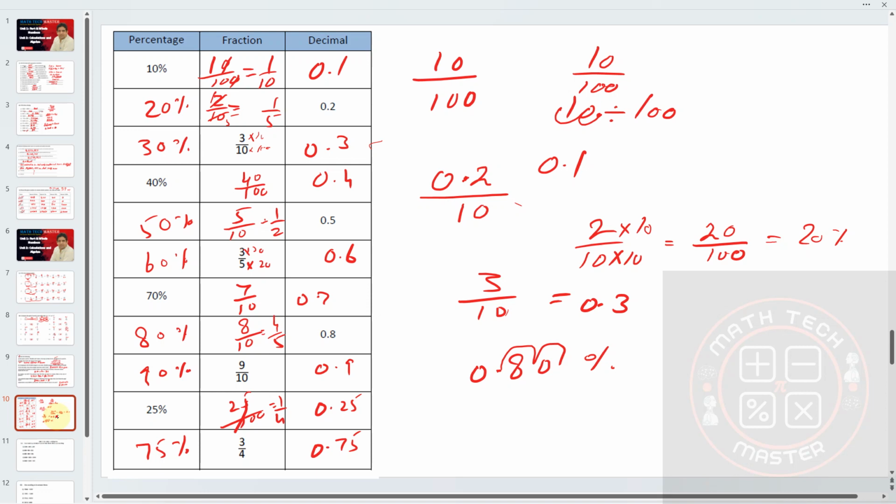How is it 75? 3 over 4 multiplied by 25 to make it a percentage out of 100. So when we have 75 over 100, we can say it is 75%, and we can also divide the number to get its decimal place. There are 2 zeros, so we will count 2 digits and add a decimal before that, so it will be 0.75.